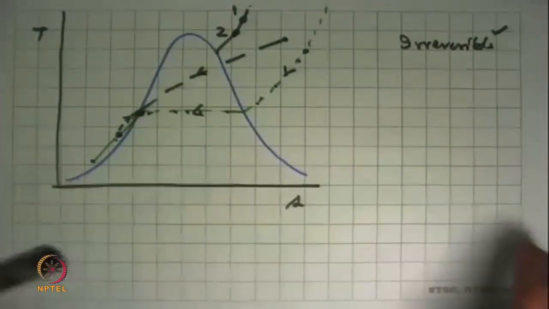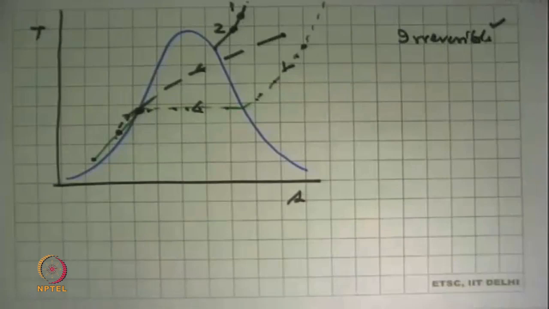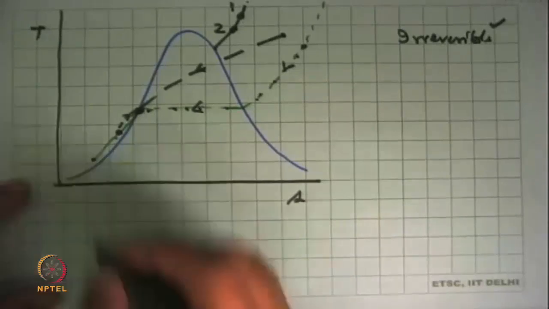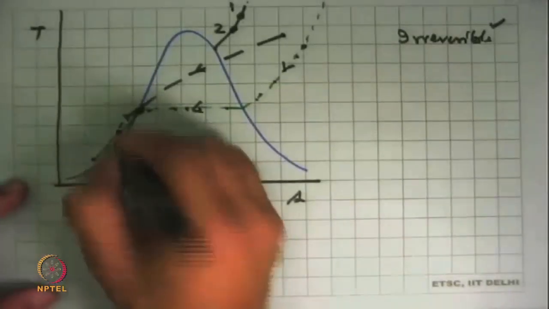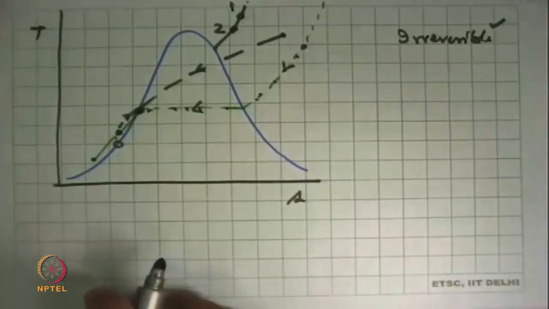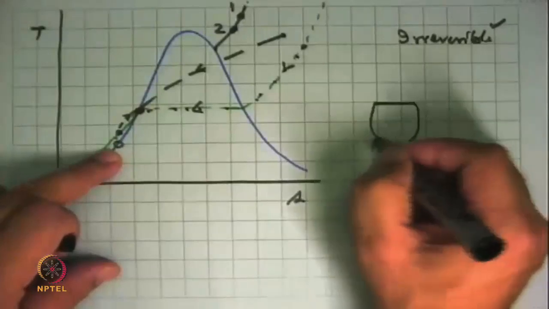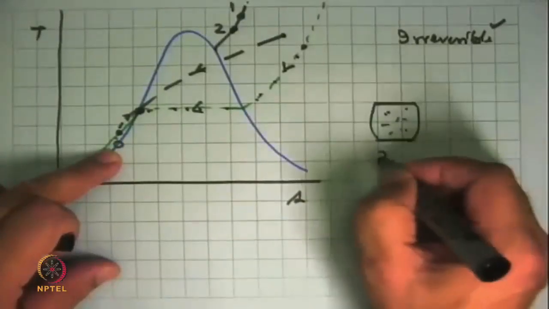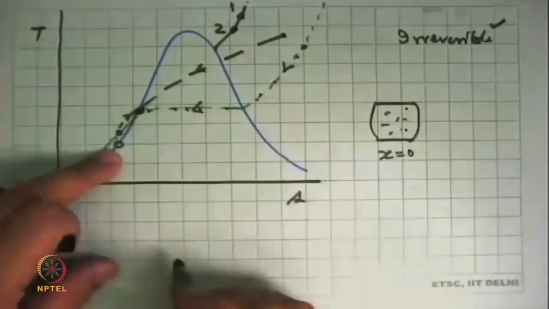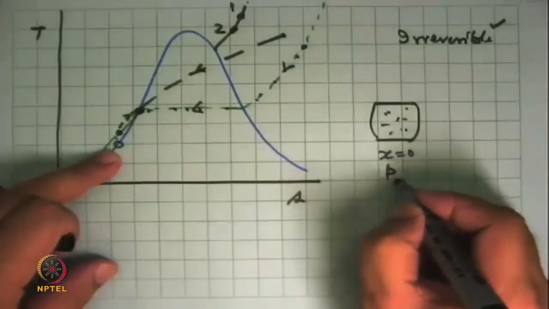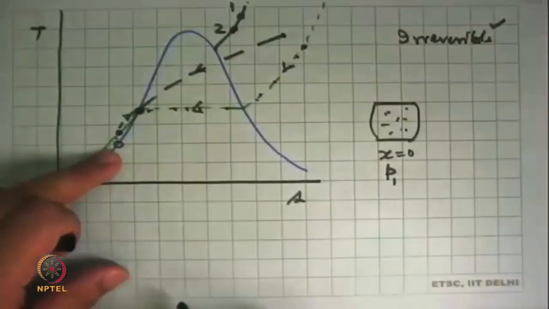One thing that we had listed there, what happens if you mix two saturated states? For example, we have dry saturated liquid in a vessel here. So this is a vessel in which there is only x equal to 0 at this condition, say pressure P1 or temperature T1.